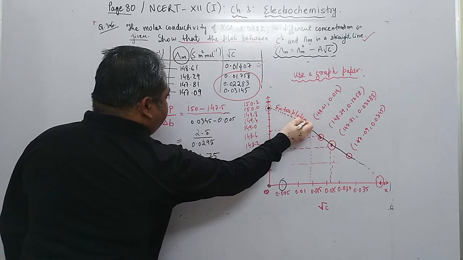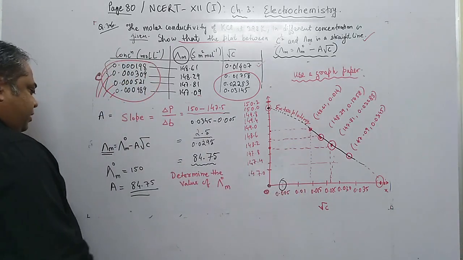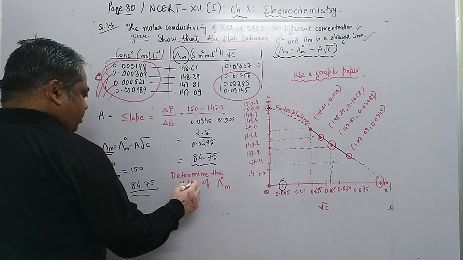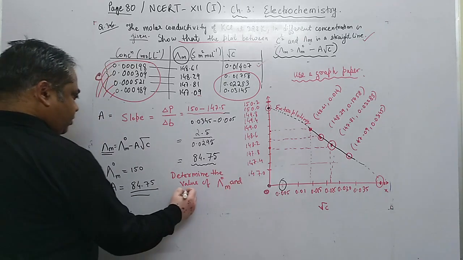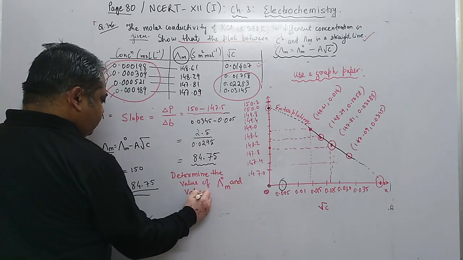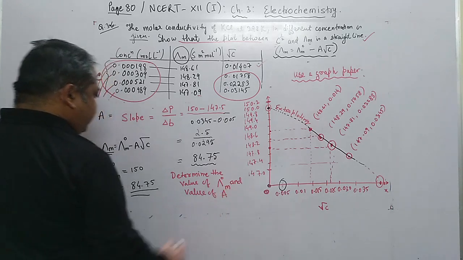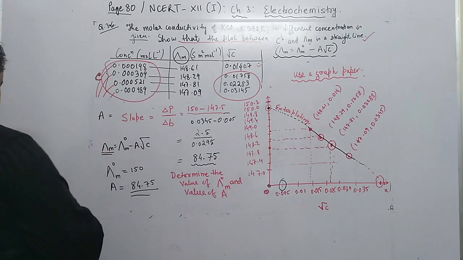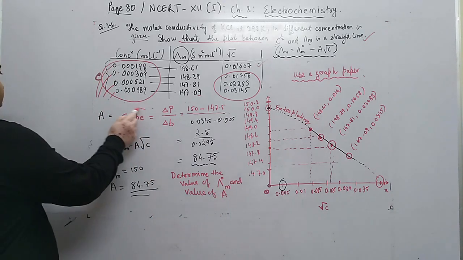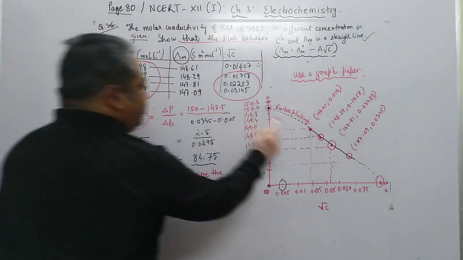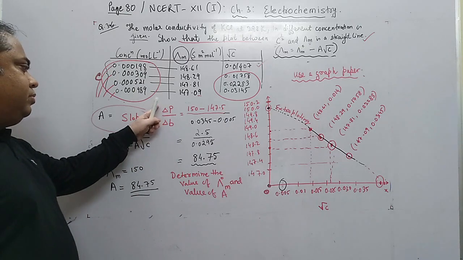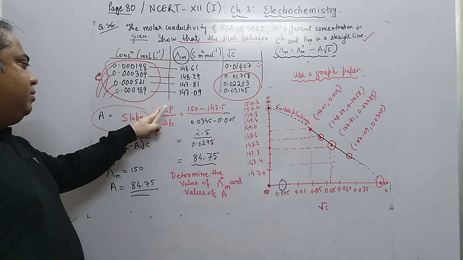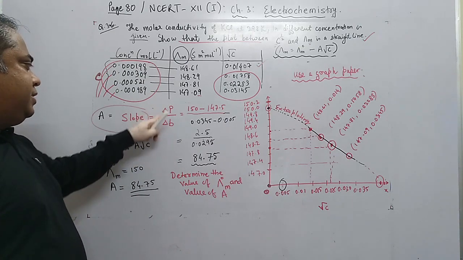the curve, and value of a. So value of a will be the slope. Value of a will be the slope, this slope, and slope is found out by finding the ratio of the change in the values of the coordinates.